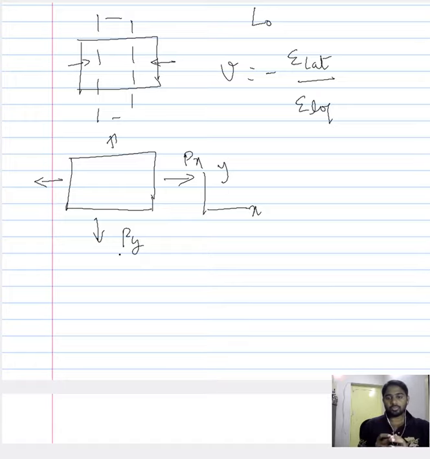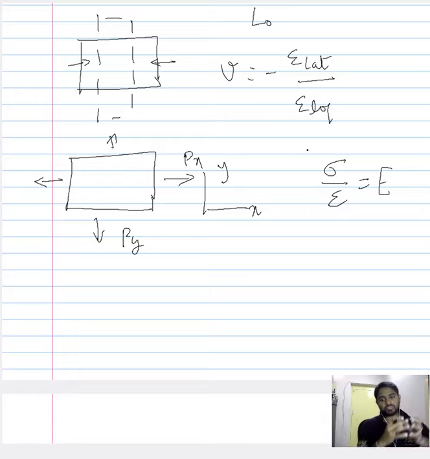We tried to calculate the overall strain that a material experiences under a condition like this, and we did that by using Poisson's ratio and our initial relation that the ratio of stress and strain would lead to the Young's modulus. So with a combination of these two relations, using Poisson's ratio and our definition of the Young's modulus, we were able to calculate the overall strain that a material experiences in a given direction when there is a load that is also acting in a perpendicular direction.